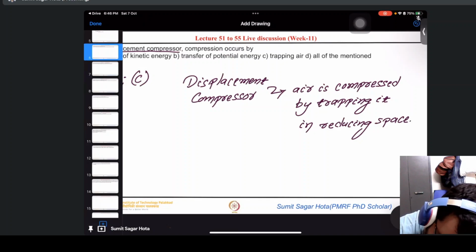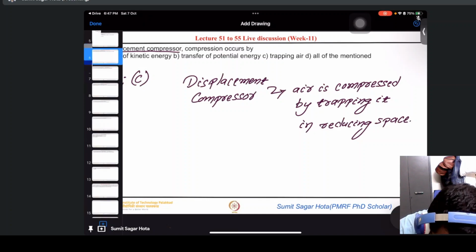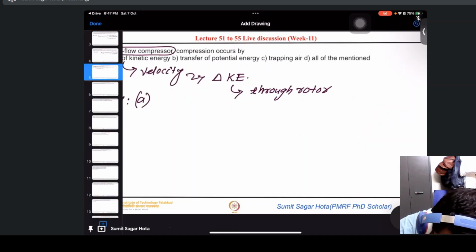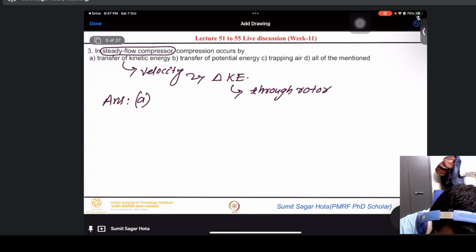In a displacement compressor, air is compressed by trapping; some trapping mechanism is there in a reducing space. And steady flow compressor means it's a transfer of kinetic energy through the rotor.